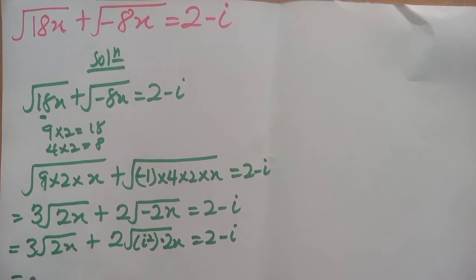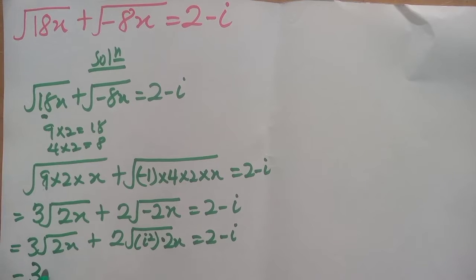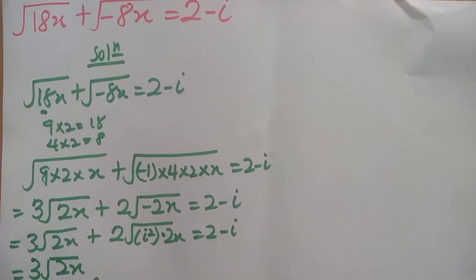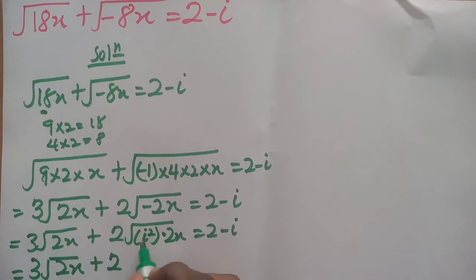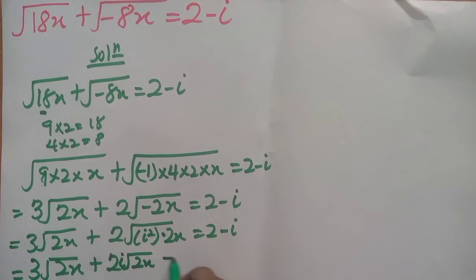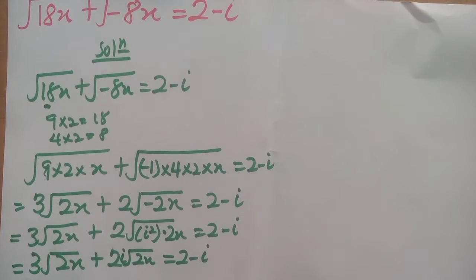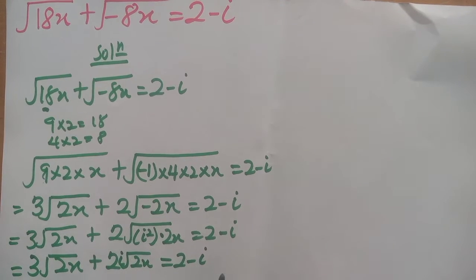So this whole thing becomes 3 square root of 2x plus 2i square root of 2x, being equal to 2 minus i. Good, now very simple. So now we have this equation.